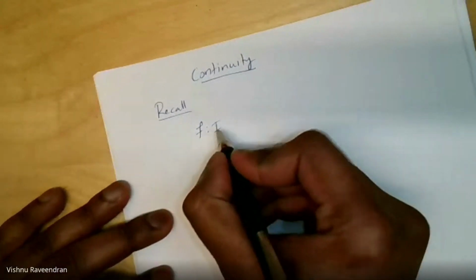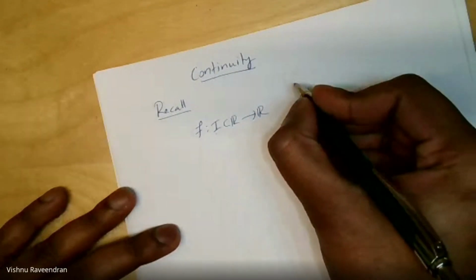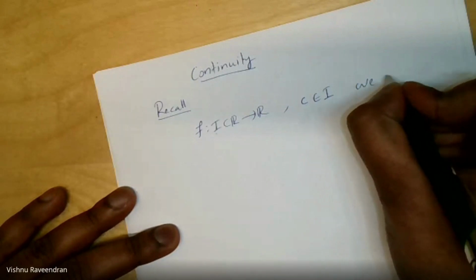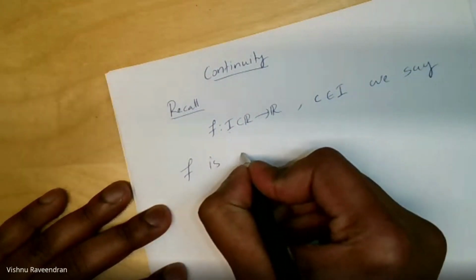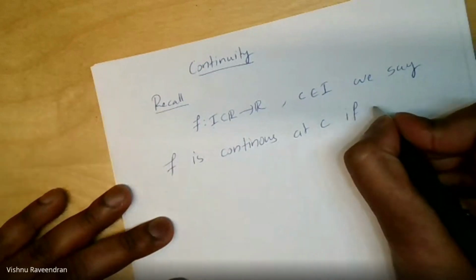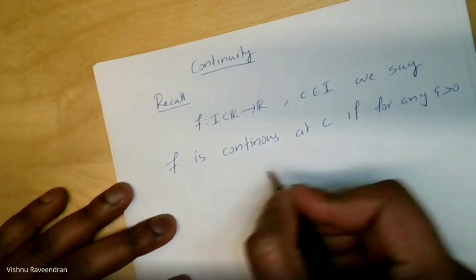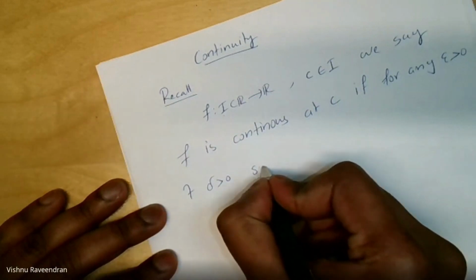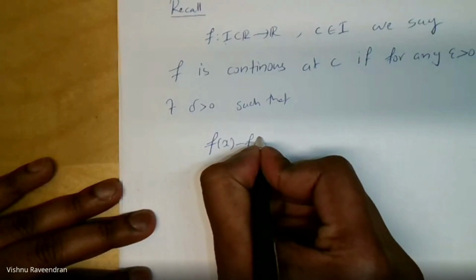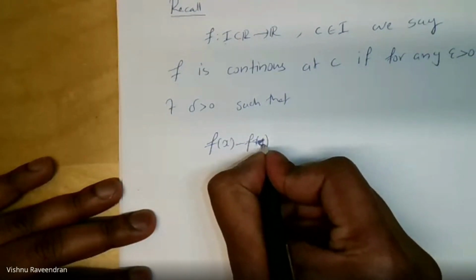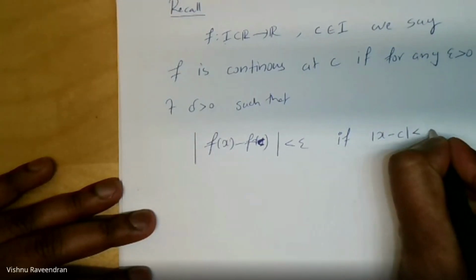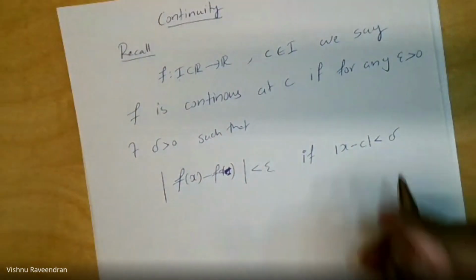Let f be a function defined on an open set I, a subset of R to R, and c an element in I. We say f is continuous at c if for any epsilon greater than 0, there exists delta greater than 0, such that |f(x) minus f(c)| is less than epsilon if |x minus c| is less than delta. So this was the standard definition for continuity.